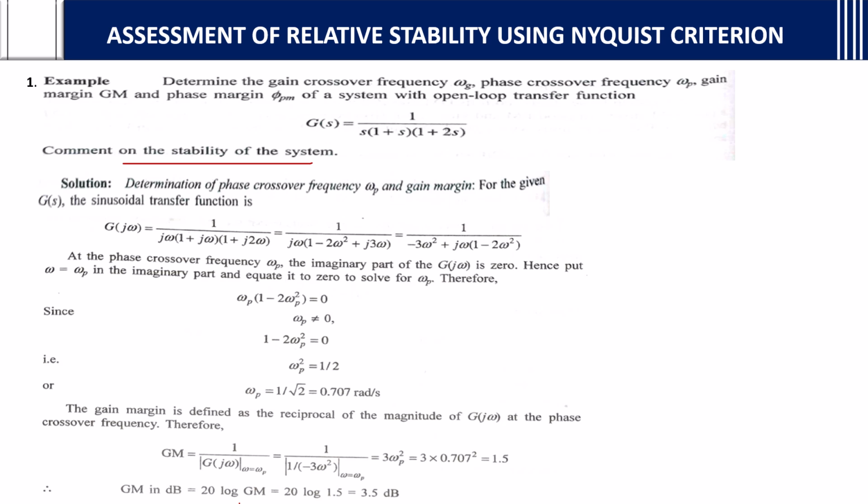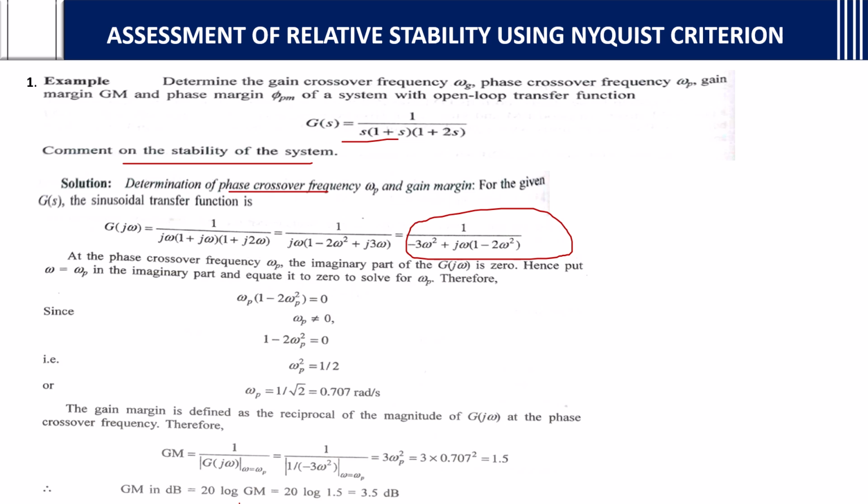Okay. So, determination of phase crossover frequency omega p and gain margin for the given sinusoidal transfer function. How to convert it? You should convert s in terms of j omega, the same way as for the Bode plot. We convert all s's into j omega, in the form of frequency. If you simplify, you get a final equation like this.